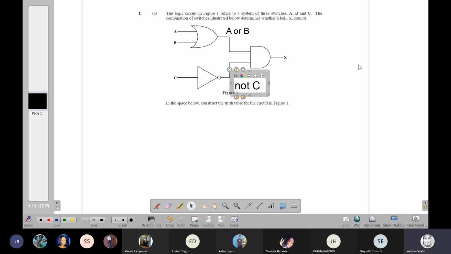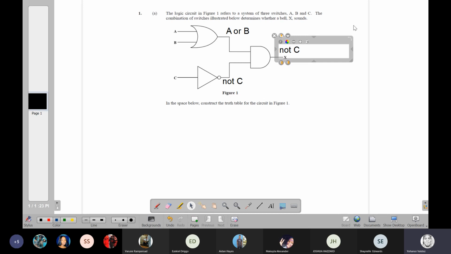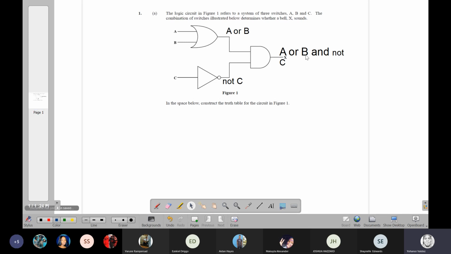We have not C. So not C will meet up with A or B, but remember in this instance, we have to represent our final expression with brackets around A or B before we put it with the and, because if we type A or B and not C, then what we are going to end up with is that it will want to do B and not C first.